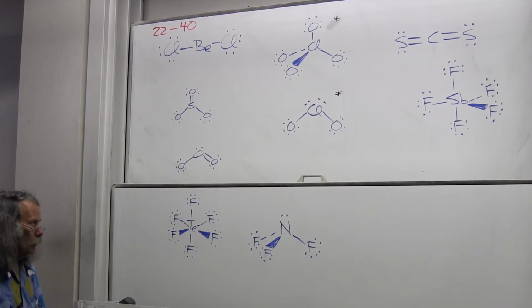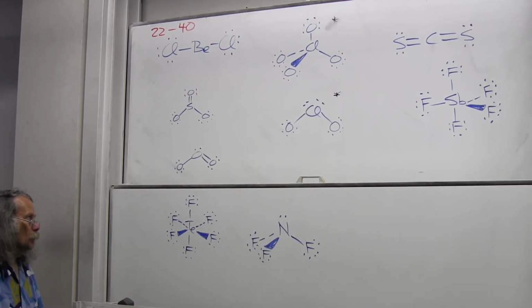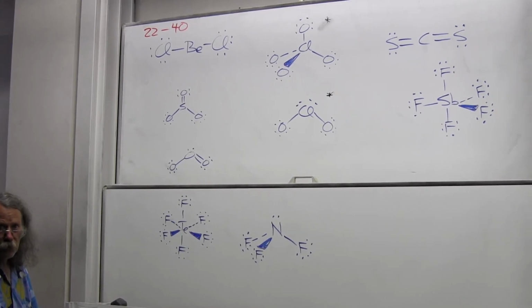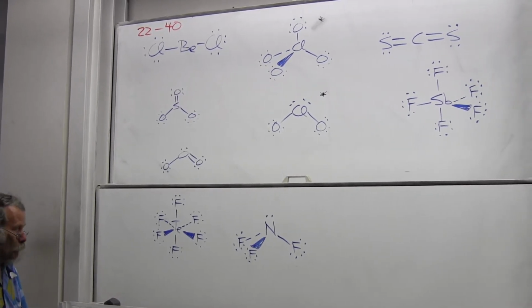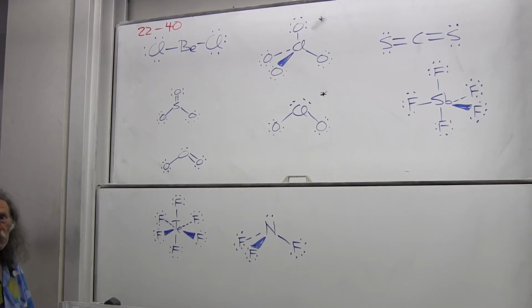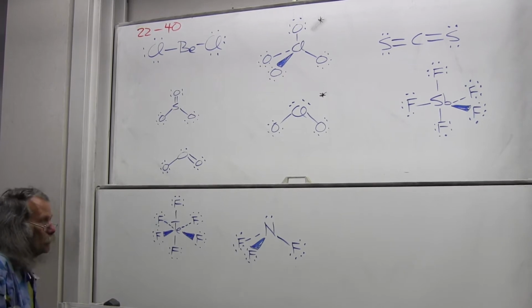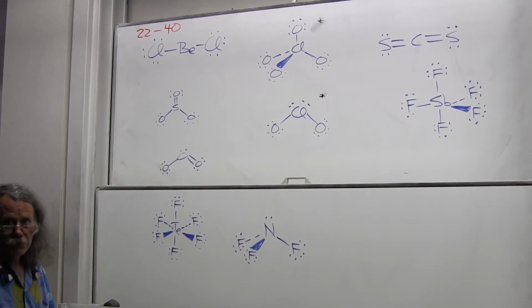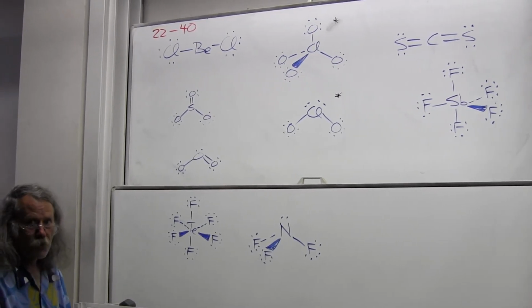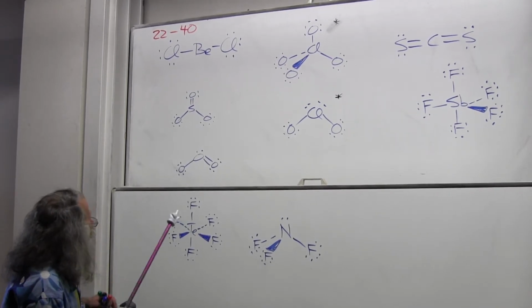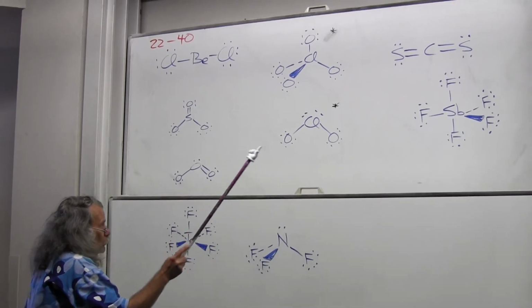You're going to have to be able to draw the proper Lewis dot structure with the proper geometry, so it has proper bonding patterns and proper arrangement of bonding and lone pairs on the central atom in order to answer these questions.